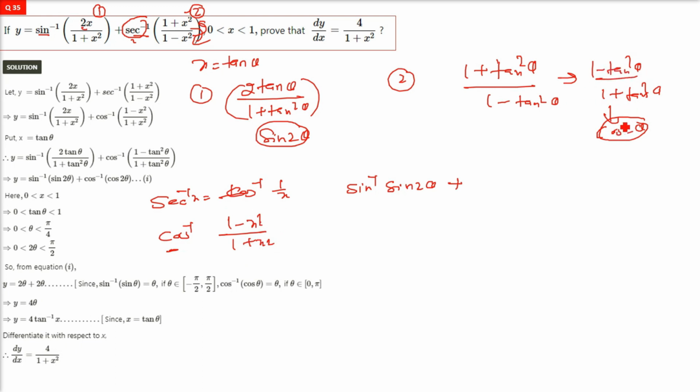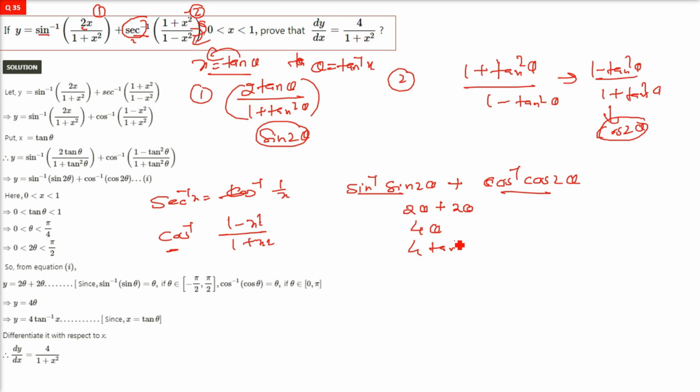So cos inverse cos 2 theta. Now just cancel these out, so 2 theta plus 2 theta is going to be 4 theta. Theta you can replace by tan inverse x. X is tan theta, so theta will be tan inverse x. So 4 into tan inverse x. So this is y. Now let us differentiate it.